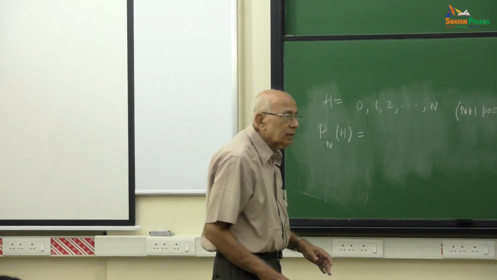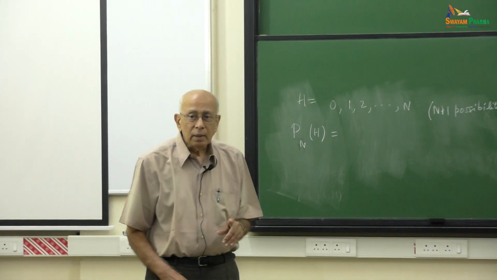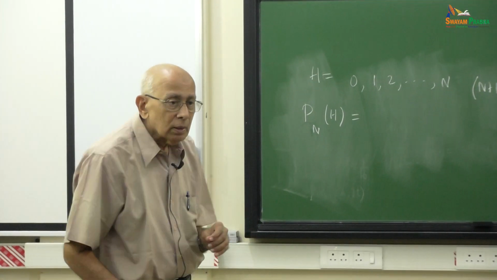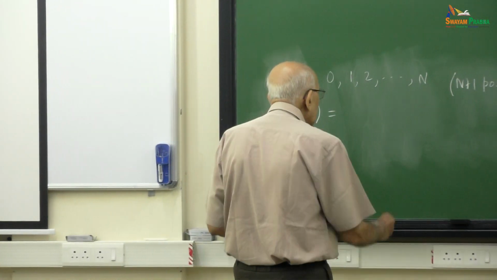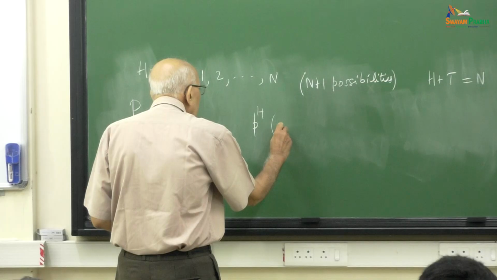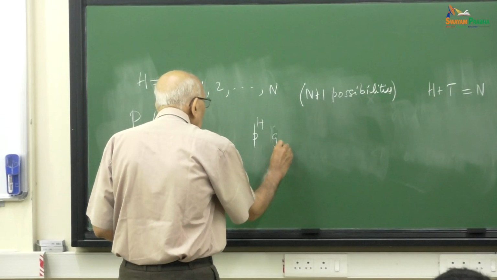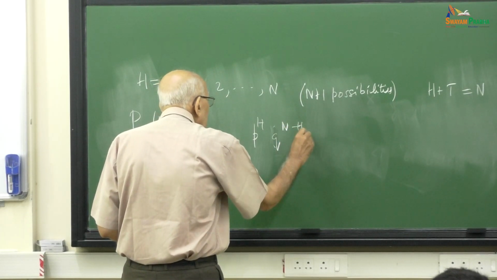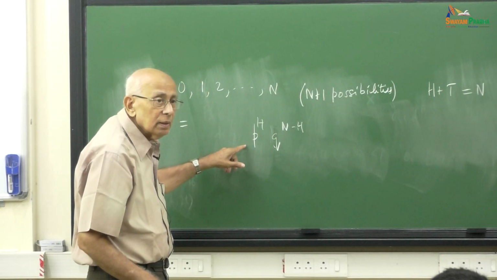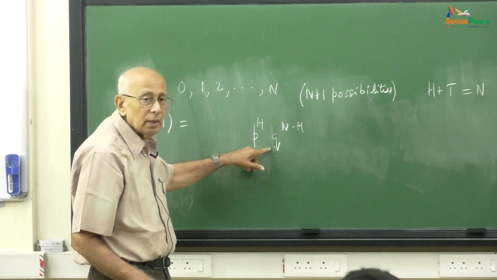If you have exactly h heads, then little p is multiplied by itself h times. So the probability of having h heads is p to the power h, and then the rest of them must be 1 minus p, which is q to the power n minus h, because you must have exactly h heads and n minus h will be tails.